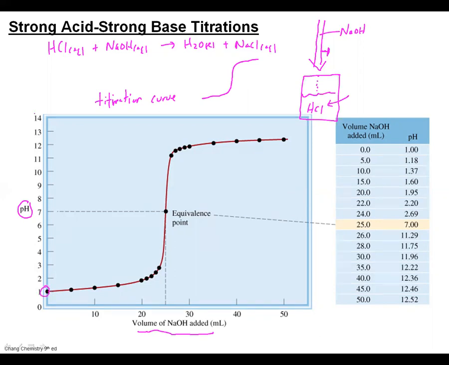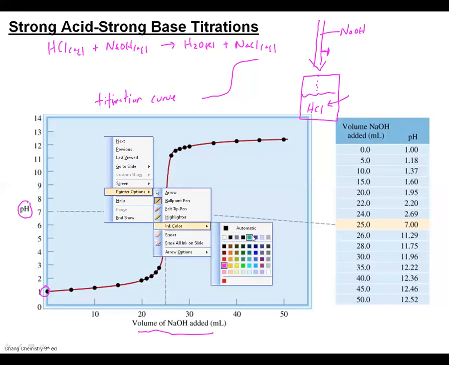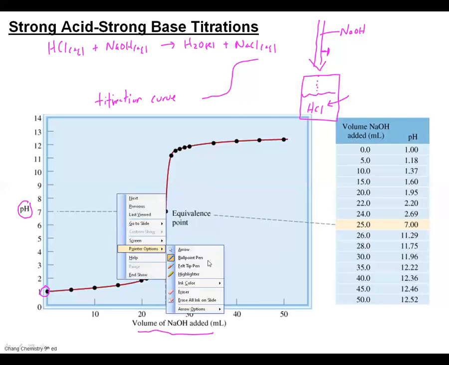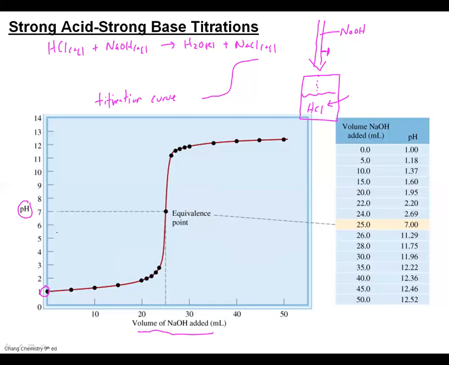So before we add any sodium hydroxide, if we want to calculate the pH, if you think about what is in that solution before you add any sodium hydroxide, what you would have is just your HCl solution.